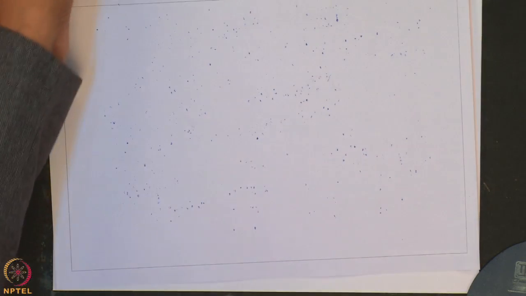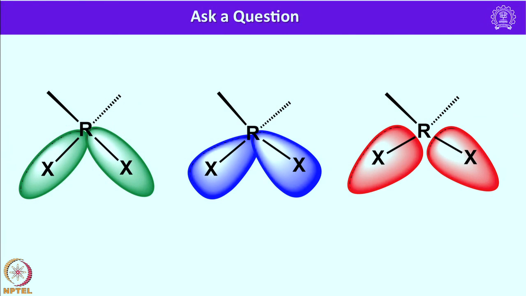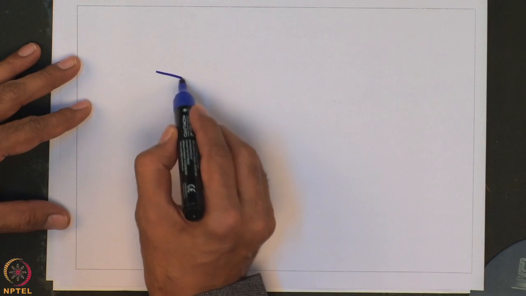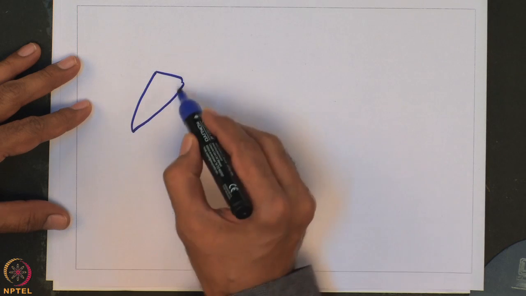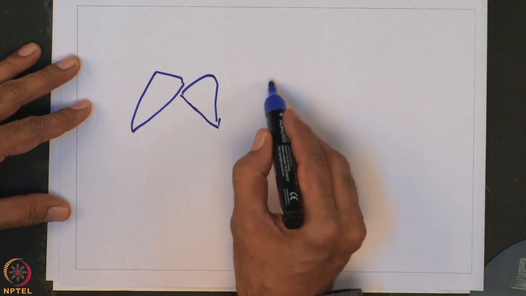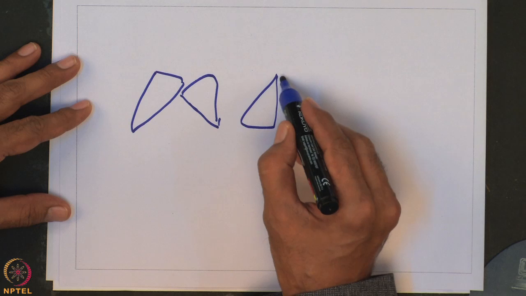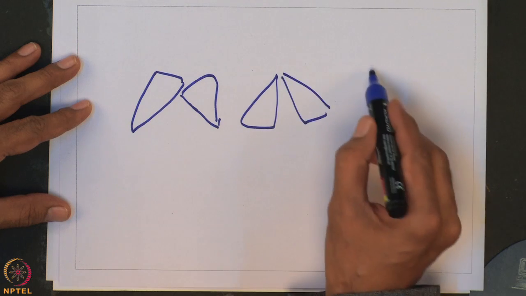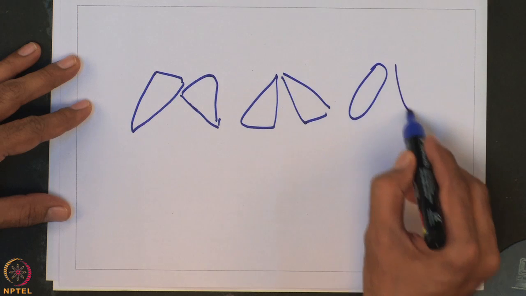So that means now, no matter what molecule is given, simply by looking into the electronegativity difference between the central atom and the peripheral atom, you should try to remember three structures I am writing here. One is like this, one is like this, and one is like this.